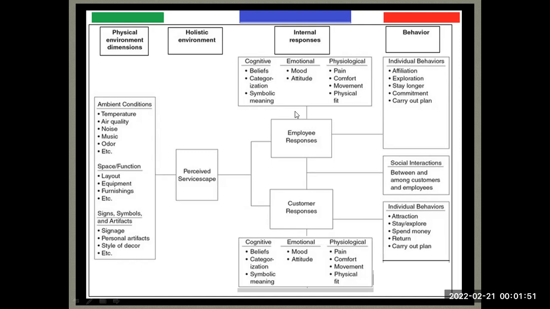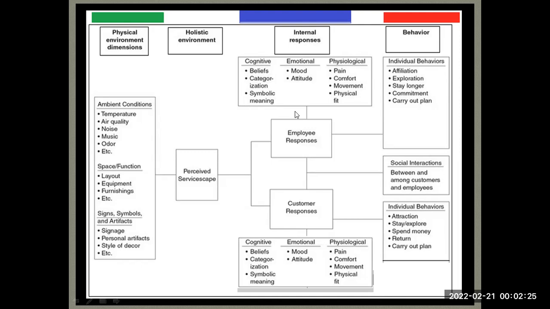After internal responses, the employee will give external responses that will be shown in behavior. The employee would like to associate with that organization if it has a good combination of physical environment dimensions, and if the perceived servicescape, the perception in the mind of the employee, is good.